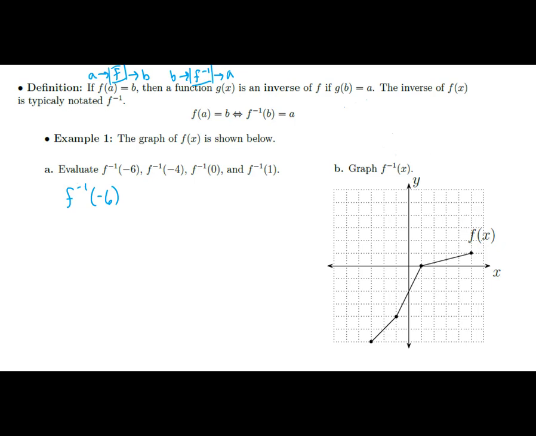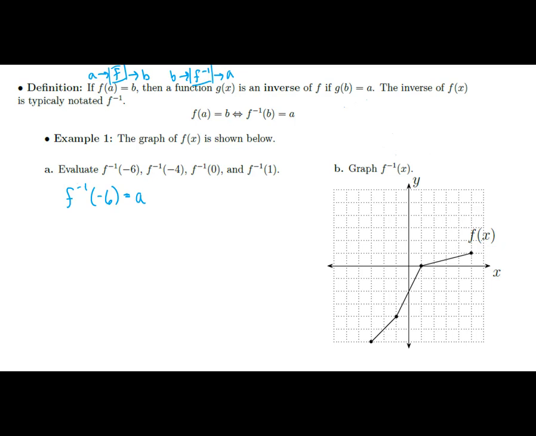Now, to borrow the notation from the definition, since they're using f inverse of b equals a, let's call this unknown a and try to find it. We're looking for the number that, if you stuck -6 into the inverse function, would be output.